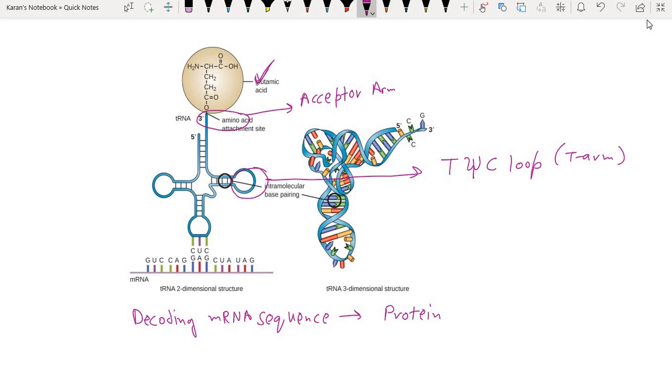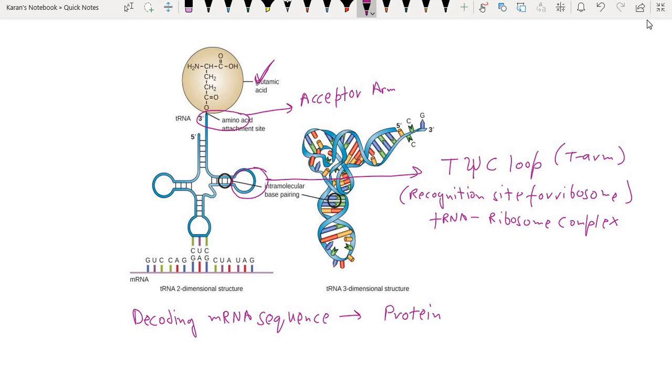Now this T arm basically is the recognition site for the ribosome. So this forms the tRNA ribosome complex, right? So it binds to the surface of the ribosome.